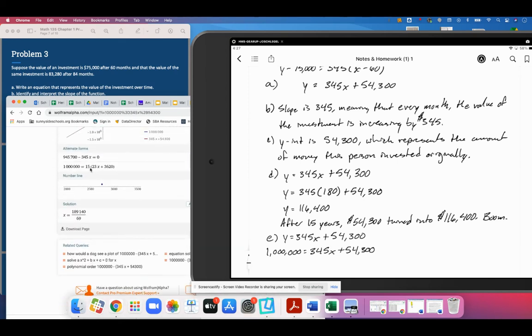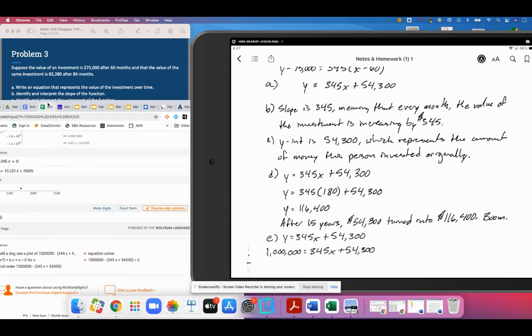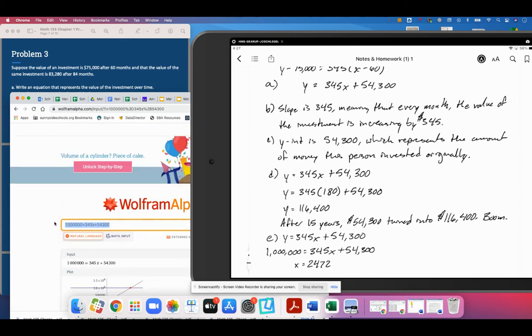We do get a fractional answer. Let's go ahead and hit approximate form so we get a decimal. And it looks like about 2,742 months. So I am going to divide that by 12 and see how many years that is.